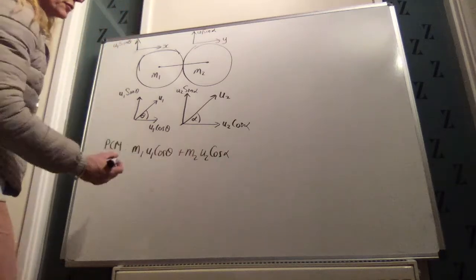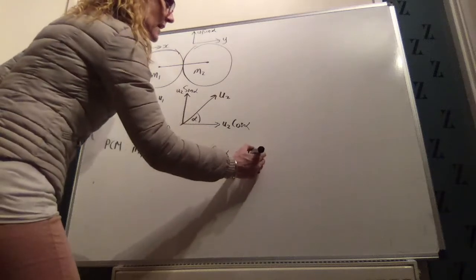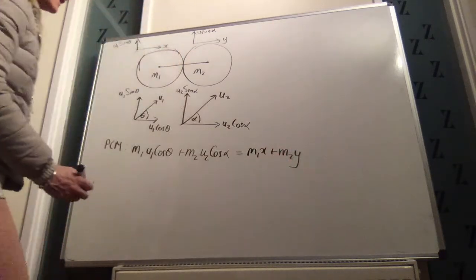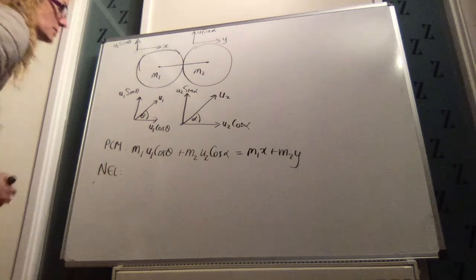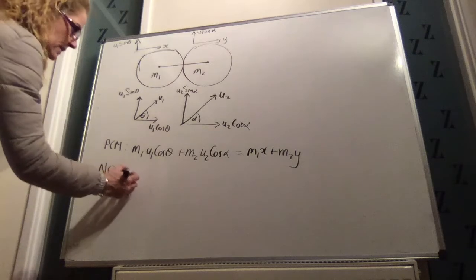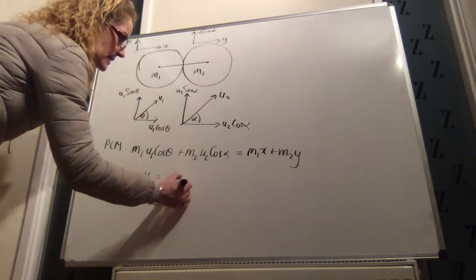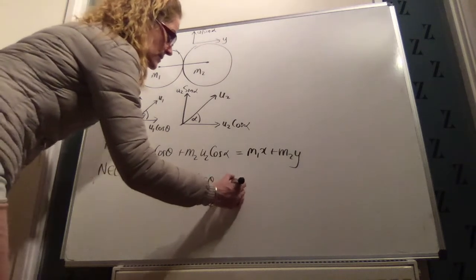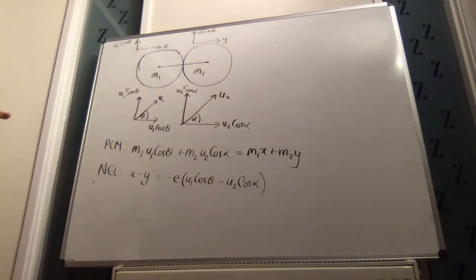The momentums beforehand in the direction along the line of centres is equal to the momentums afterwards in the direction along the line of centres. And then we have Newton's experimental law, which also applies in the direction along the line of centres. x minus y is equal to minus e times u1 cosine theta minus u2 cosine alpha. So that's the basic rule for part B's.